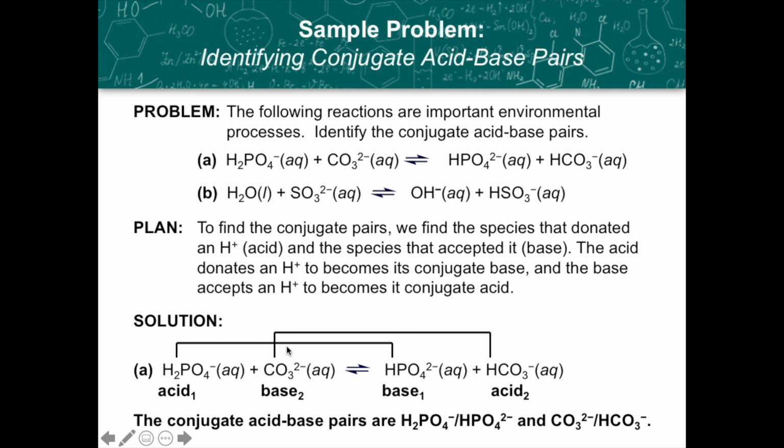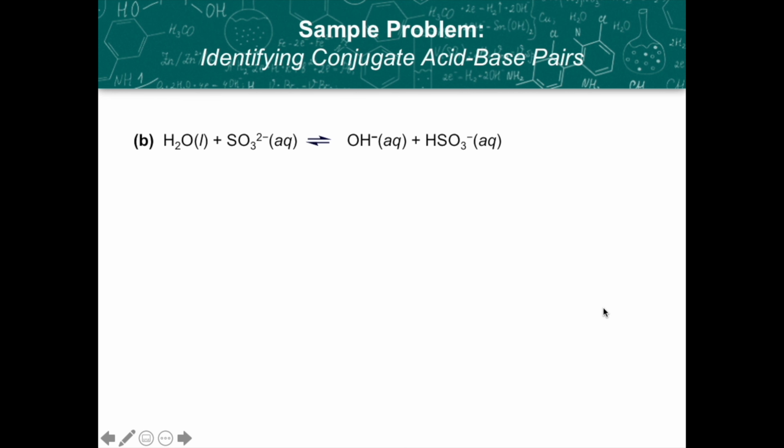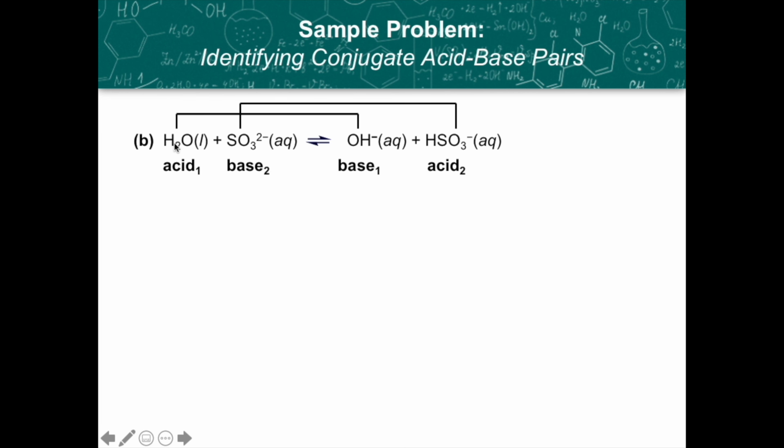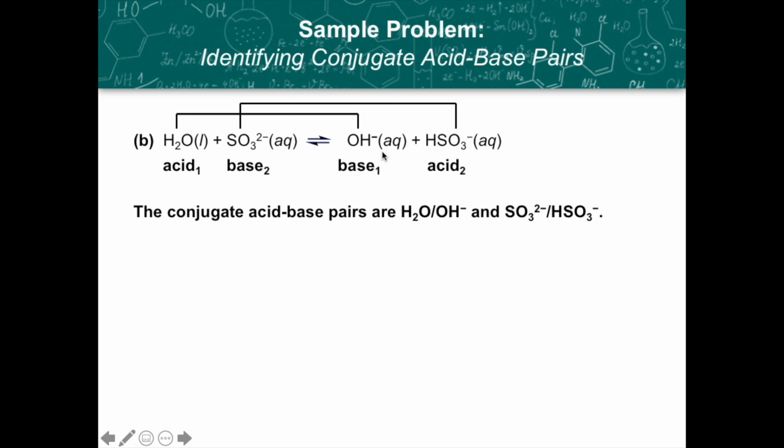Then we have the base CO3 2-, which on the product side accepted the hydrogen ion, forming its conjugate acid. So the conjugate acid-base pairs are H2PO4- and HPO4 2-, and CO3 2- and HCO3-.